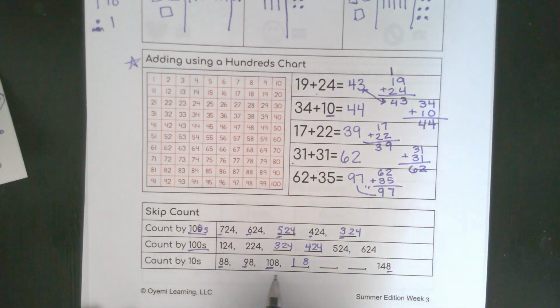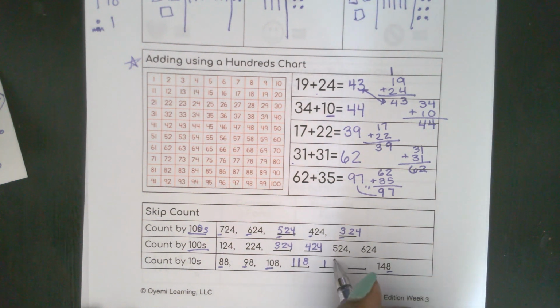But what is going to happen here with my tens place? 88, 98, 108. This is going to be 118. It went from 0 in the tens place to 1 in the tens place. Now, this is going to stay the same.